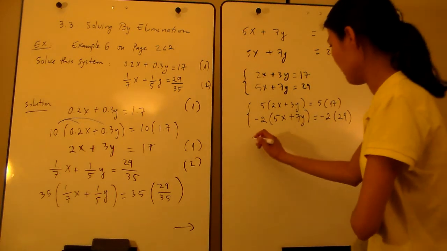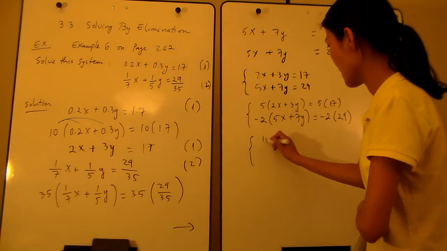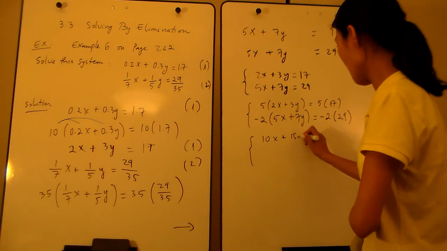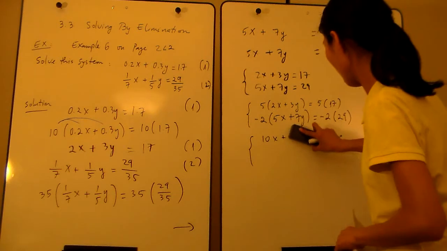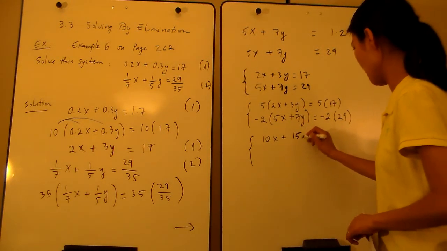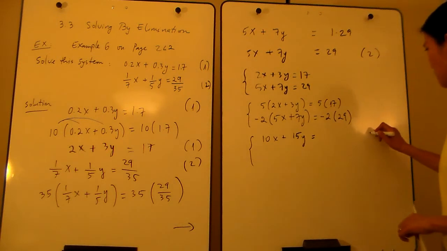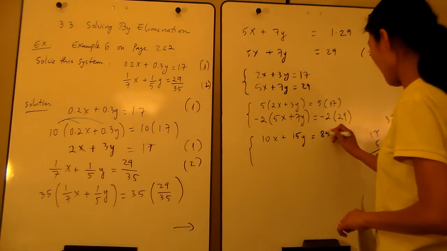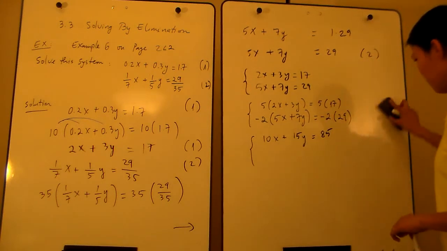Let's simplify. 5 times 2x is 10x. 5 times 3y is 15y. 5 times 17: 5 times 7 is 35, carry 3, 5 times 1 is 5, plus 3 is 8, so 85 for the first equation.